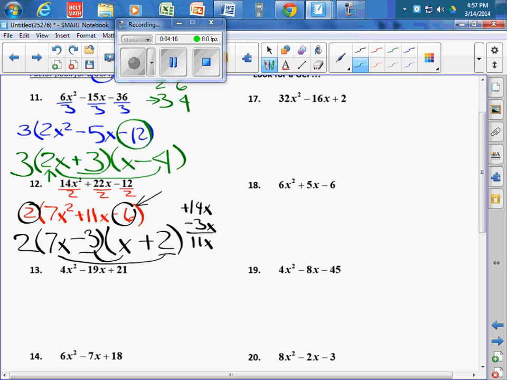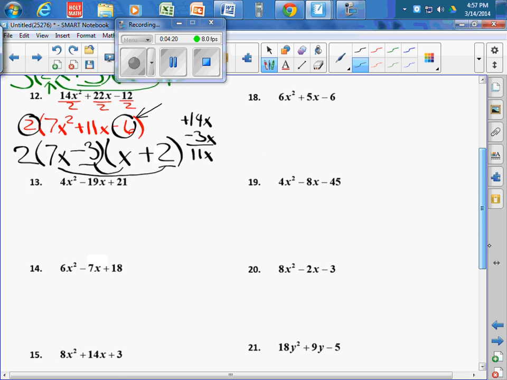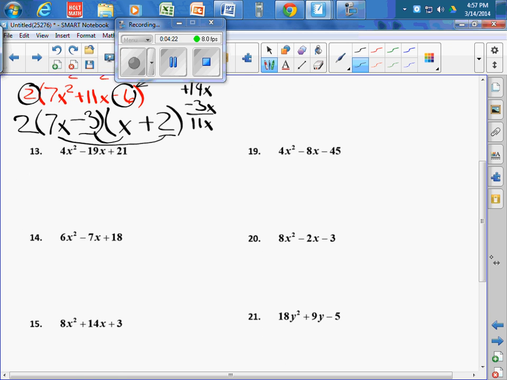In number 13, is there a GCF? No, there's not. But what's different about this one? What's different is that a is no longer a prime number. So we have some work cut out for us here. Meaning this, in factoring this problem, I could start out with either 4x times x.